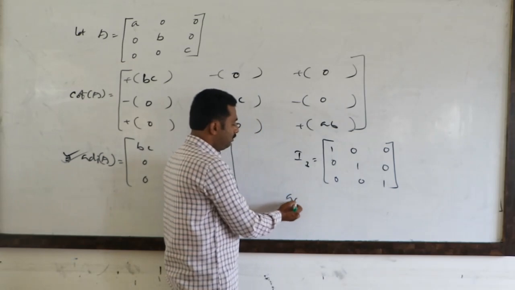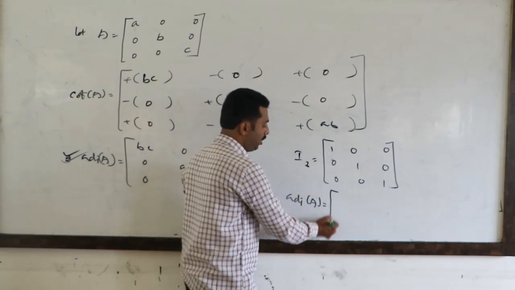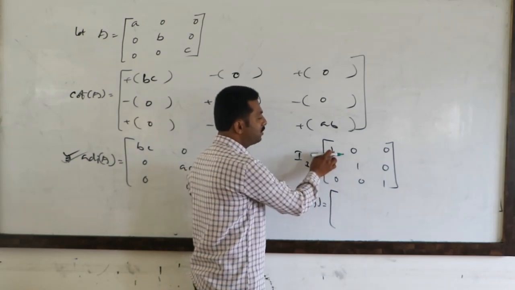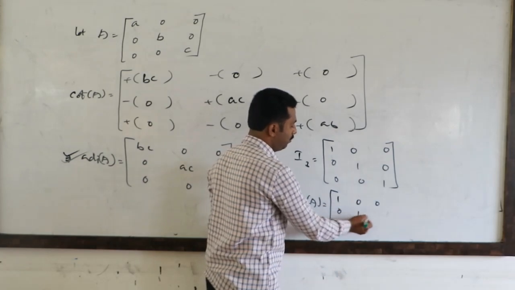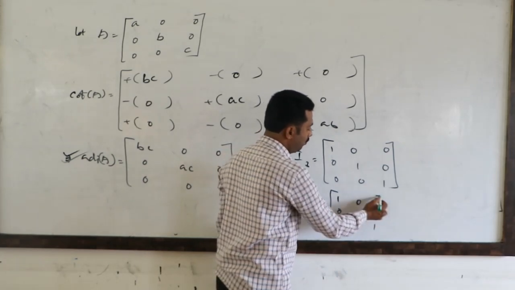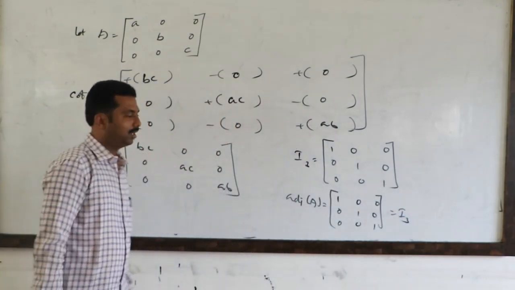What is the adjoint of an identity matrix? Same as what I told. Here 1 is there, you close it, remaining product. Again 1 0 0, 0 1 0, 0 0 1. Nothing but again the identity matrix only will come.